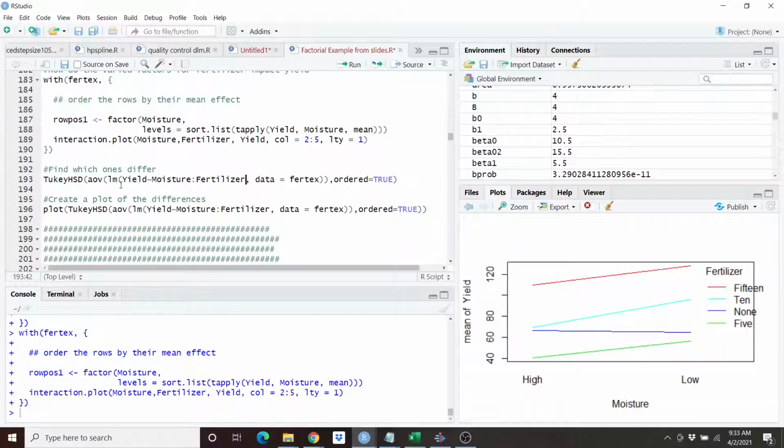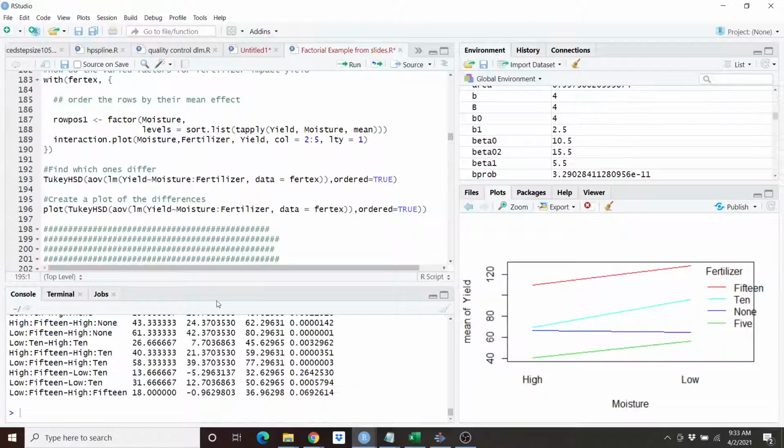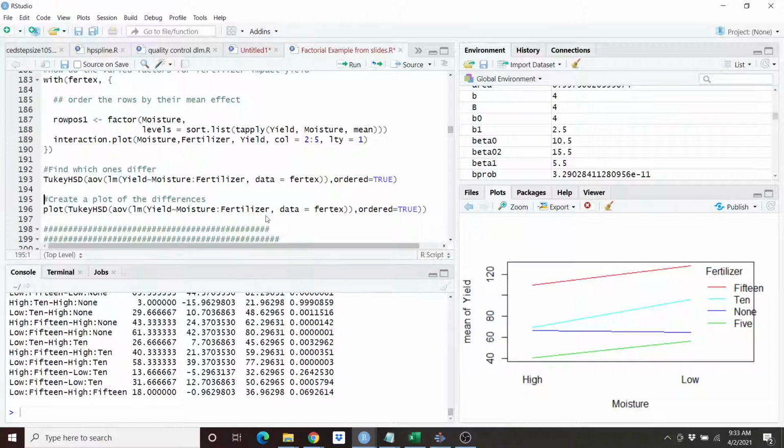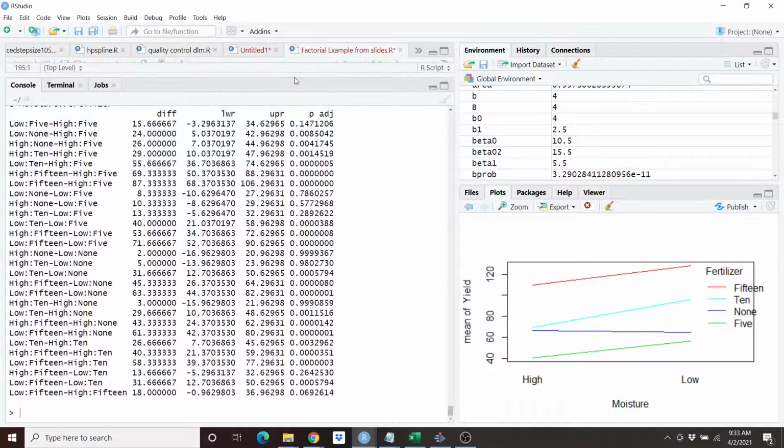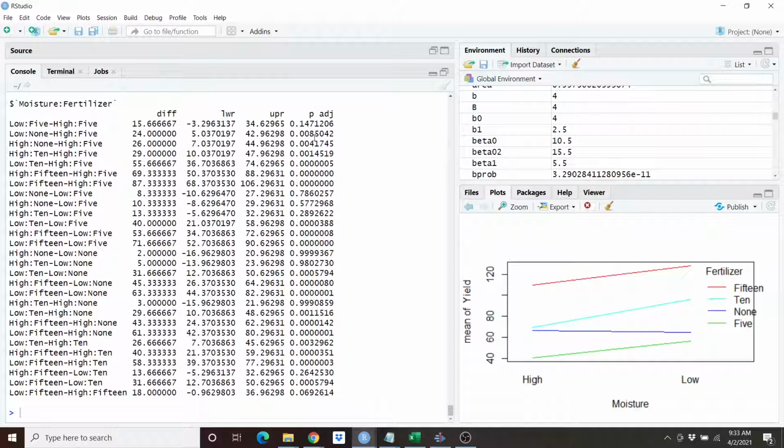So in order to do this, we're just going to run a Tukey analysis. And notice it gives us a whole lot of stuff. What we're interested in is which one of these p-values are significant. Well, there's a lot of them. So in a case like this, it's probably easier to list the ones that are not significant. Here I'm not significant. Here I'm not significant.